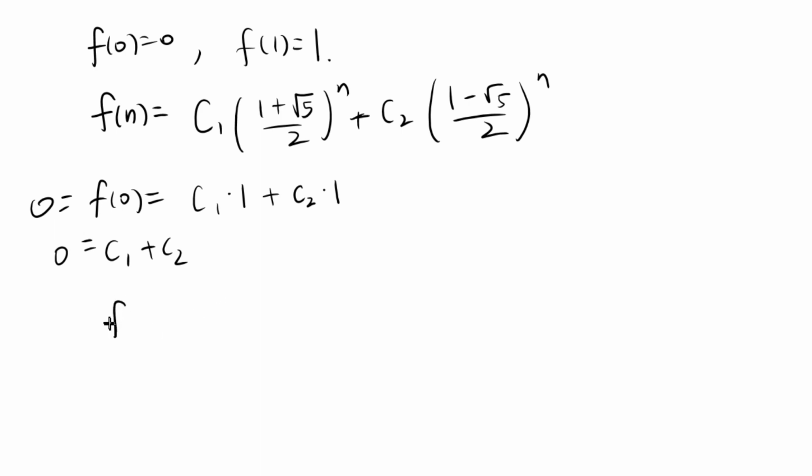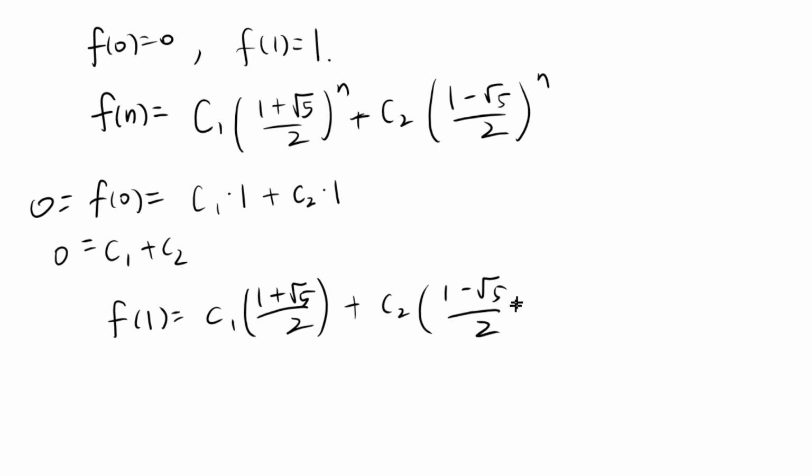And then the next one, you have f of 1 equals c1 times (1 plus radical 5) over 2 to the first power, plus c2 times (1 minus radical 5) over 2 to the first power.